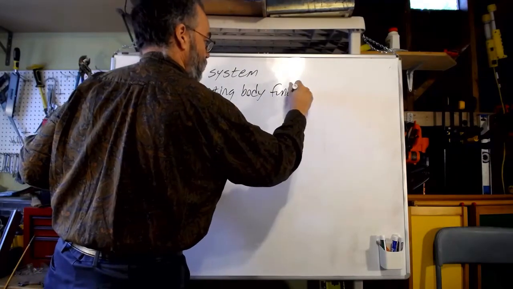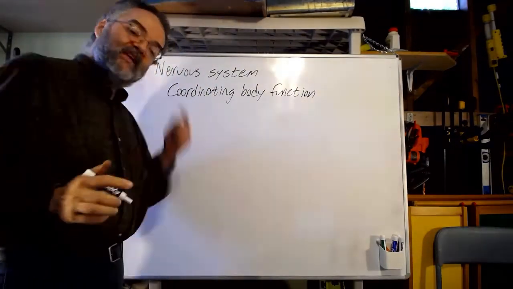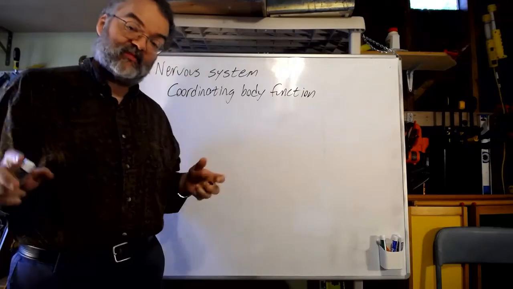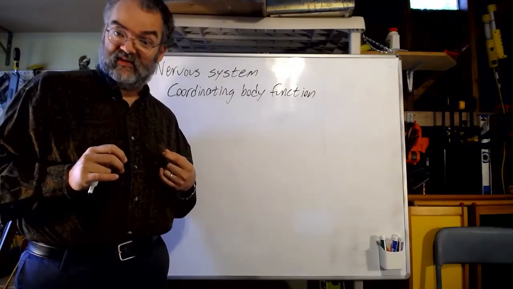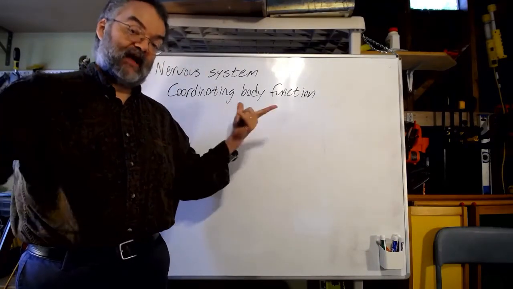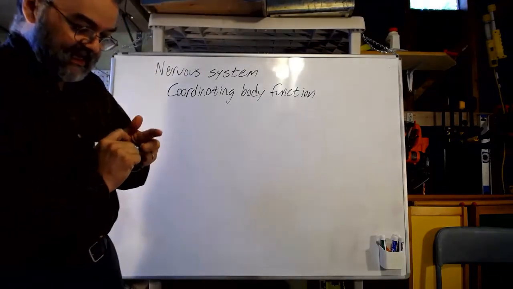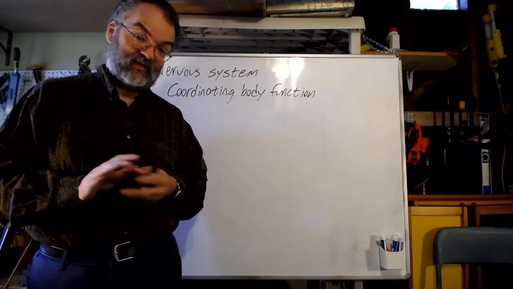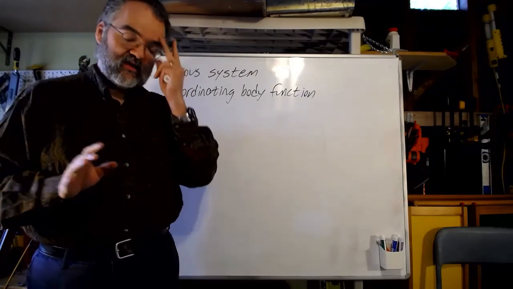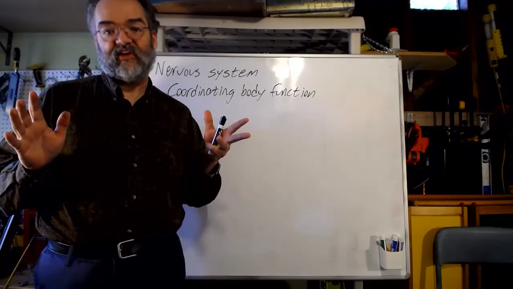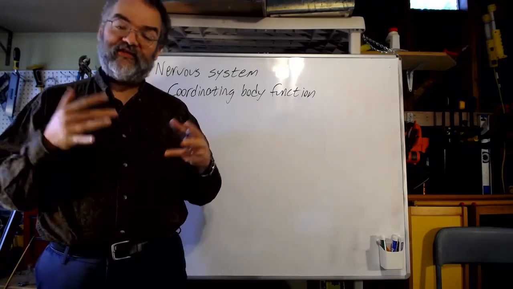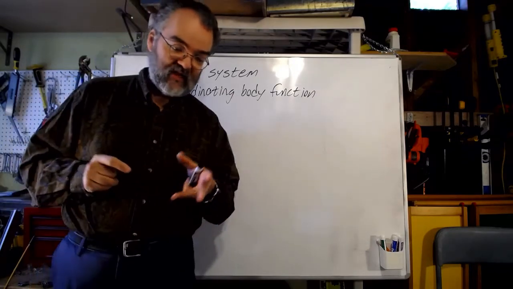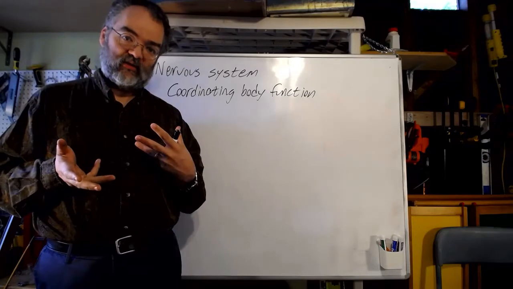Now, that coordination means bringing in information about what the body is doing, as well as information from outside the body. So, in a way, this actually touches on one of the more interesting bits of philosophy about the nervous system. We're going to consider the fact that it's our brain and spinal cord, what we call the central nervous system, that makes the decisions about what to do in our body.